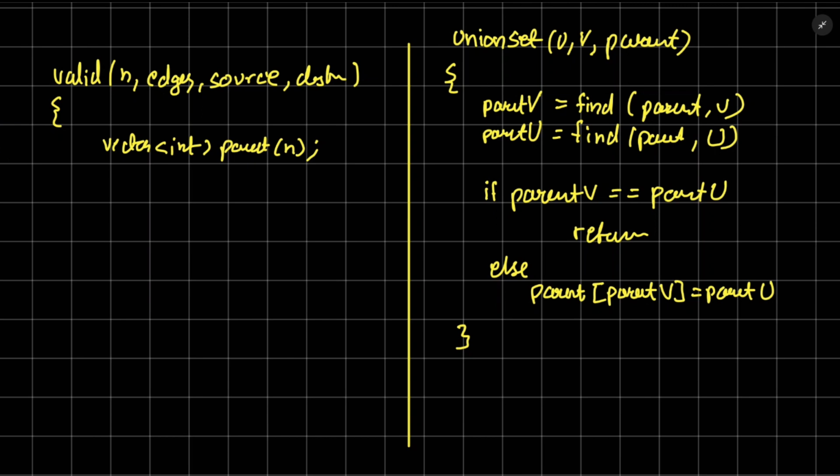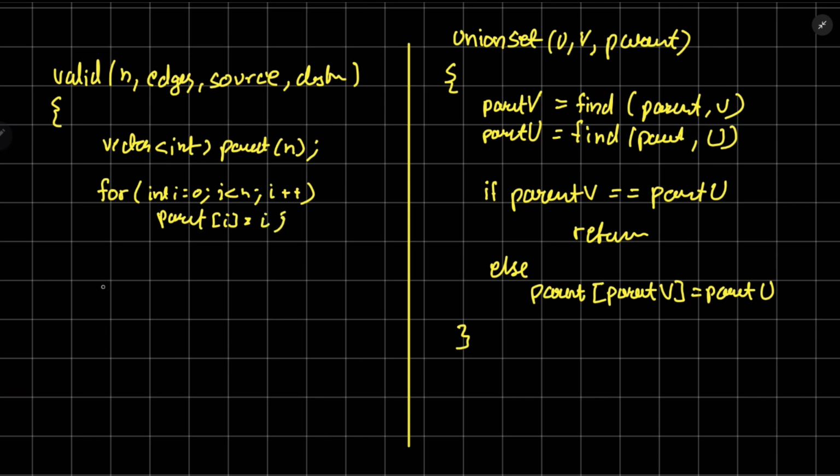As we have discussed initially, each vertex is the parent of itself. So for int i equals 0, i less than n, i plus plus, we will do parent of i is equal to i. So this is done.